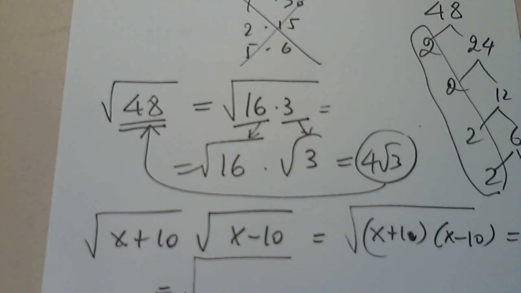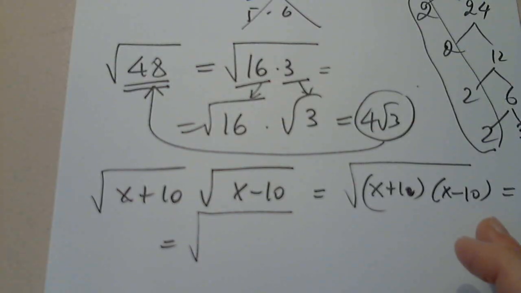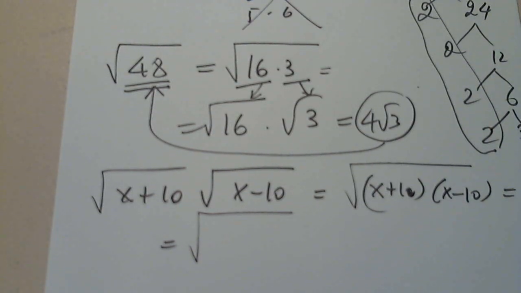It's the simplest possible formula or special product. X plus 10 squared? No, x plus 10 squared is a trinomial. So x plus 10 squared is not x plus 10 times x minus 10, right? This is x squared plus 2 times the first times the second plus the second term squared. But this is not x plus 10 times x minus 10, which is the difference of squares.